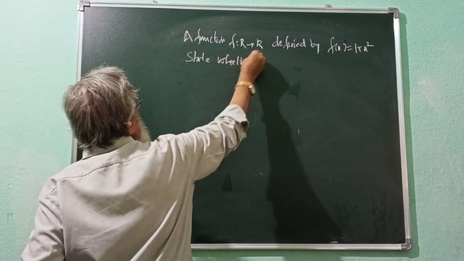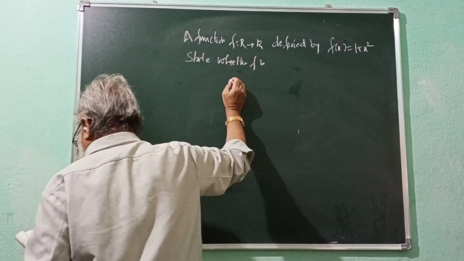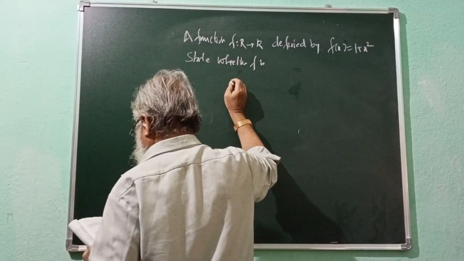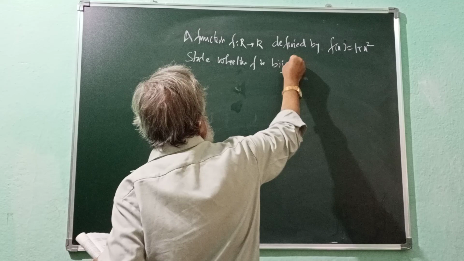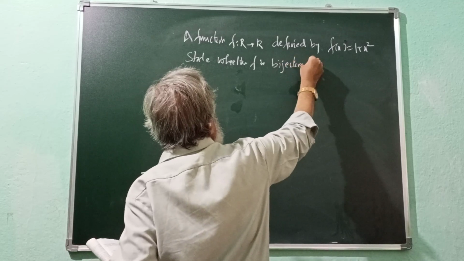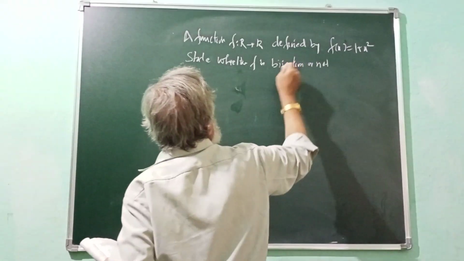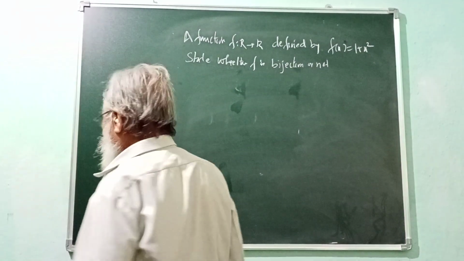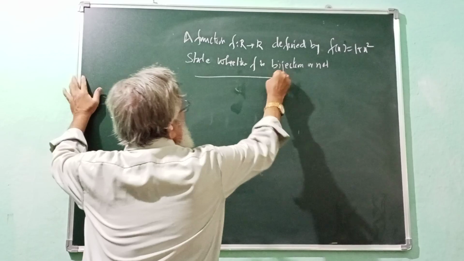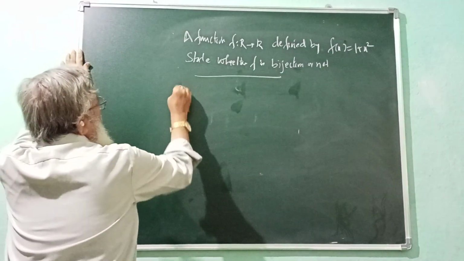State whether f is a bijection or not. Now let us first check for one-one and then we will check for onto. Look here, one-one.